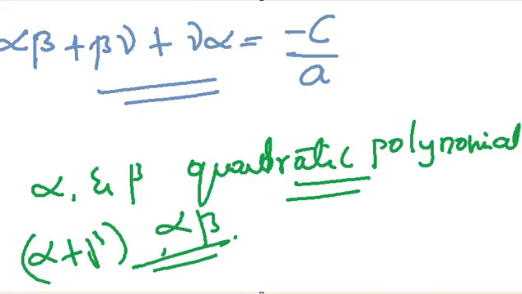Below, I'll give the formula for how to construct the quadratic polynomial when you have alpha plus beta and alpha into beta, that is the sum of the two roots and the product of the two roots.